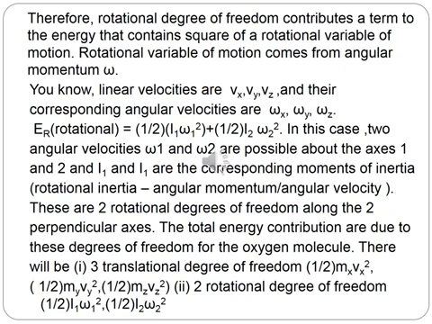In this case, two angular velocities omega 1 and omega 2 are possible about the axes 1 and 2, and I1 and I2 are the corresponding moments of inertia. What is moment of inertia? It is the rotational inertia, where rotational inertia is angular momentum divided by angular velocity.